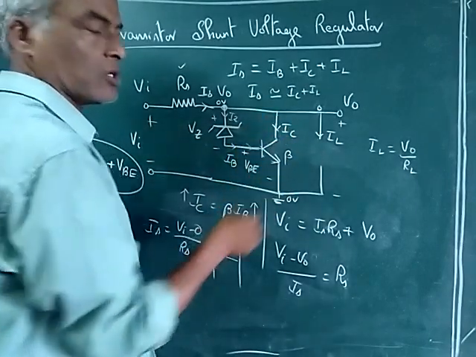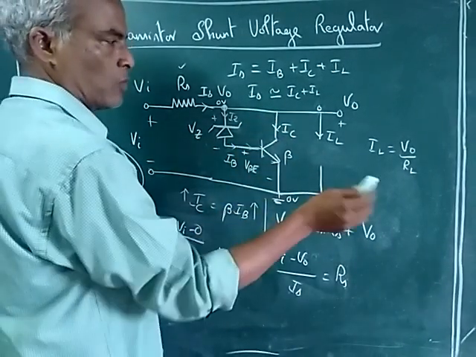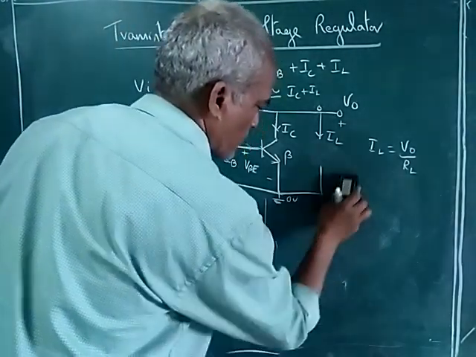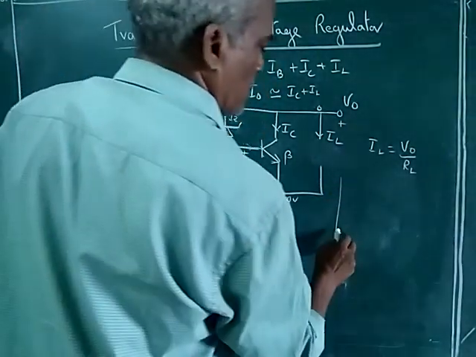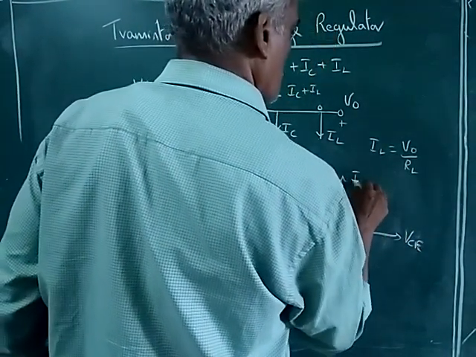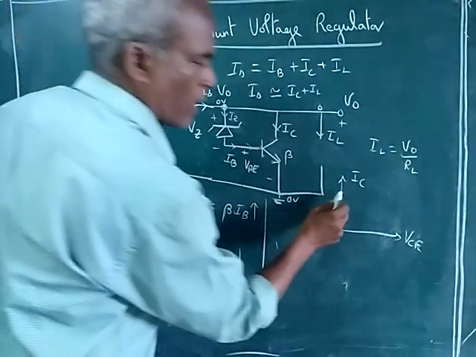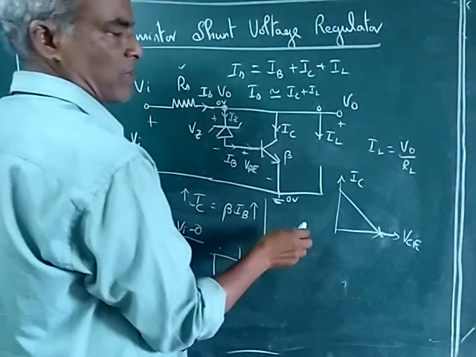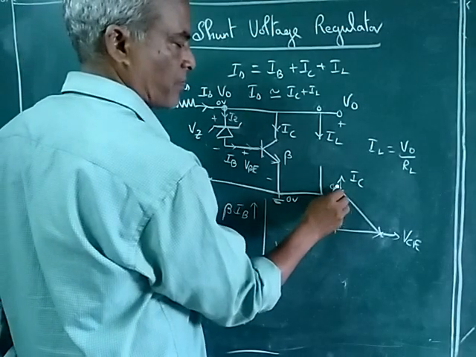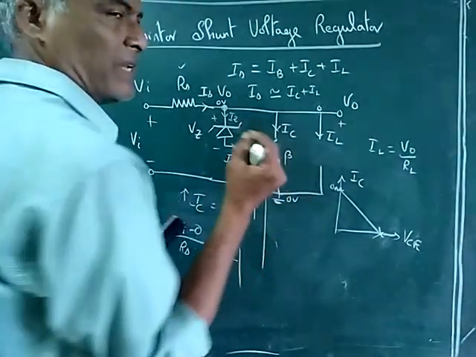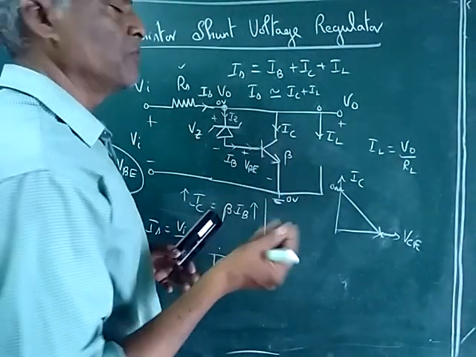Once the transistor goes into conduction, we know the load line. This is VCE and this is IC. So you have the load line. When the transistor is on, this point is on, that means VC is approximately 0, or roughly the practical value will be 0.3.